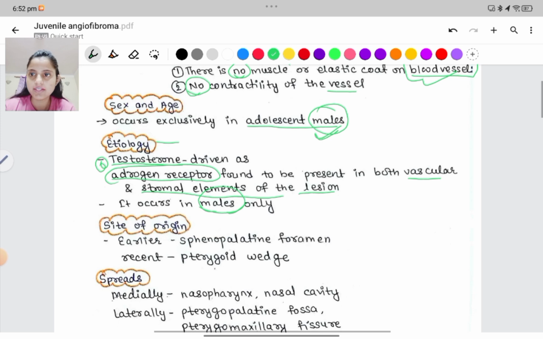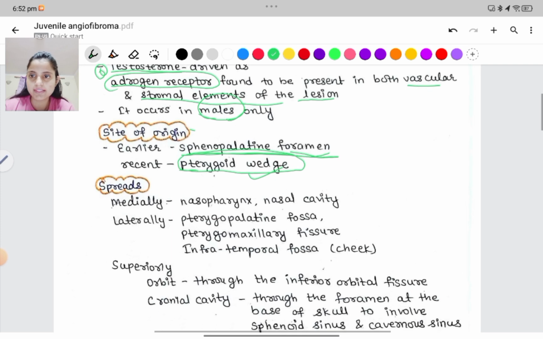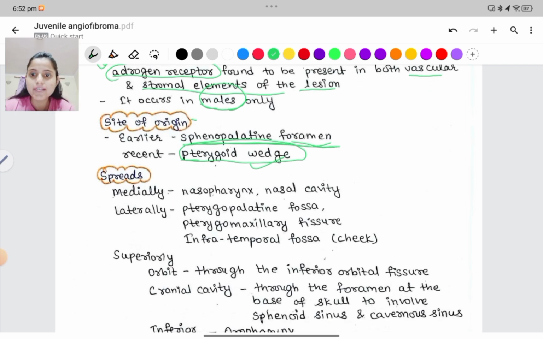Site of origin. Earlier, the sphenopalatine foramen was considered the site of origin, but recent radiological studies have found that the pterygoid vase is the site of origin. Spread: medially, it spreads through the nasopharynx and the nasal cavity.